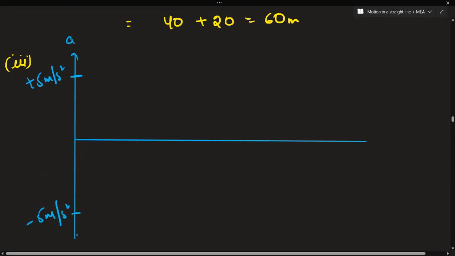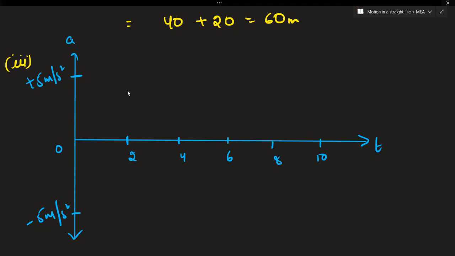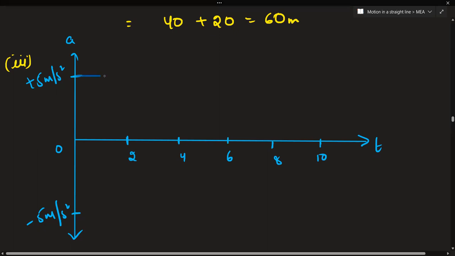This is acceleration. This is time. So divided into the same intervals: 0, 2, 4, 6, 8, and 10. These were the seconds. So see how the graph will look. 0 to 2 seconds, this is 5 meter per second square only.